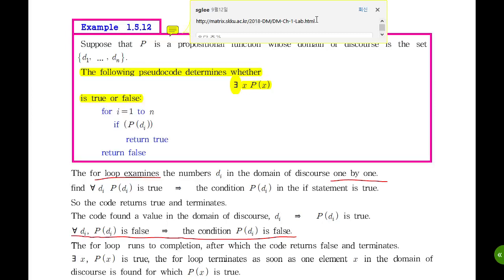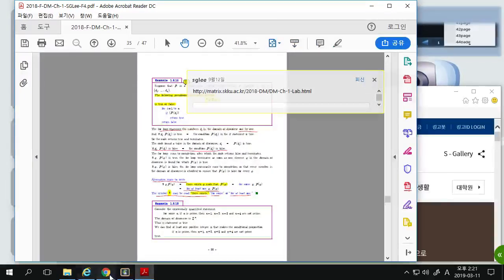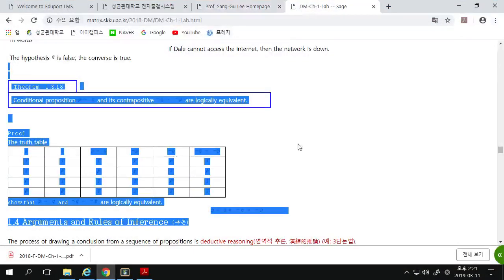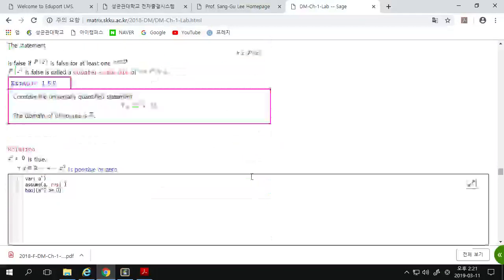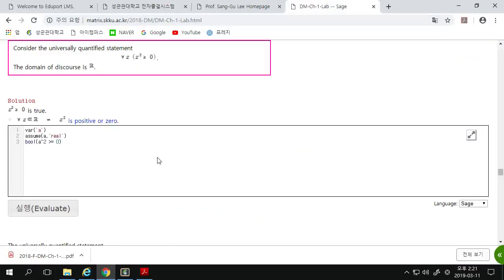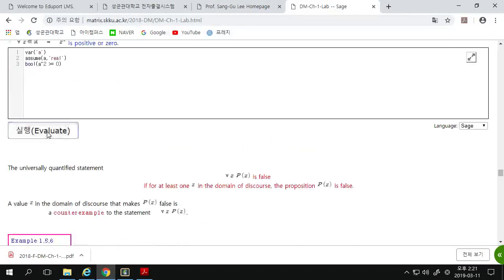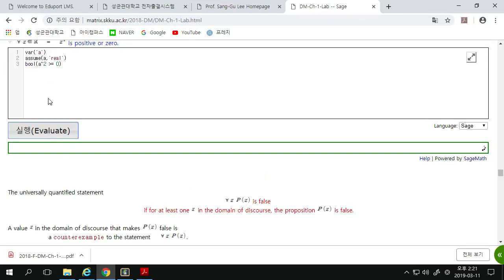And this has been coded here, so you can see in here, chapter 1, section 1.5, first code, and this is always true.